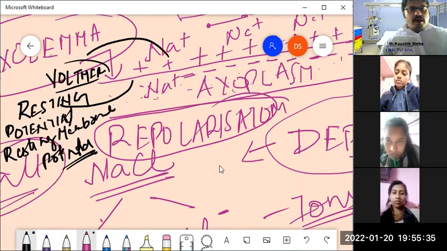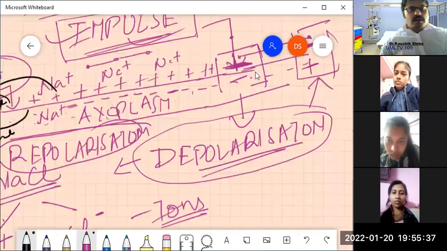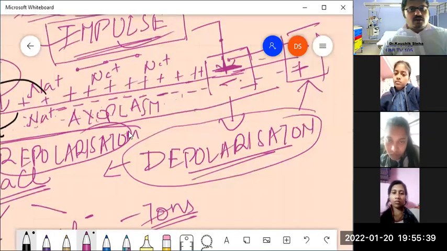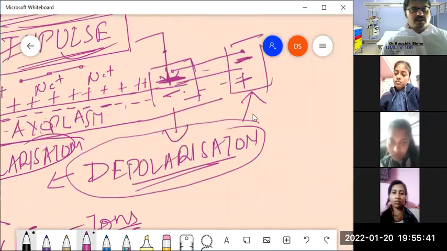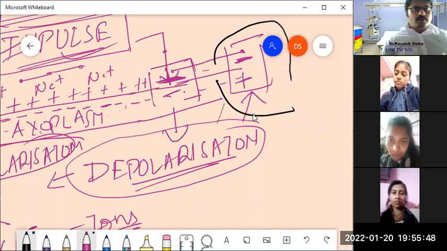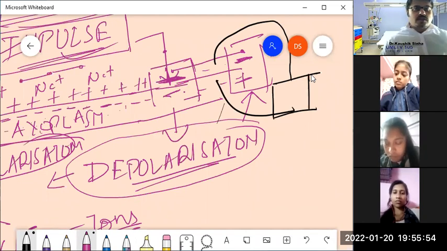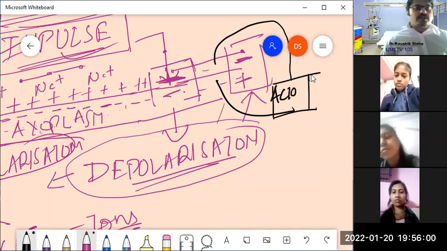And where there is the impulse, that means in this area or in the next moment in this area, if I connect the internal and the external surfaces with a voltmeter, then the potential difference I get is known as the action potential. But closely observe the spelling that I'm writing of action, T-I-O-N.